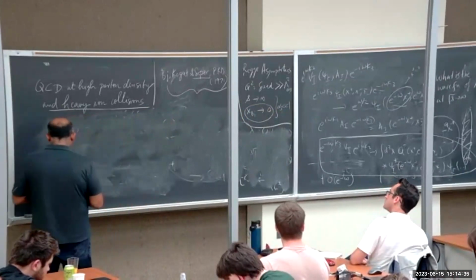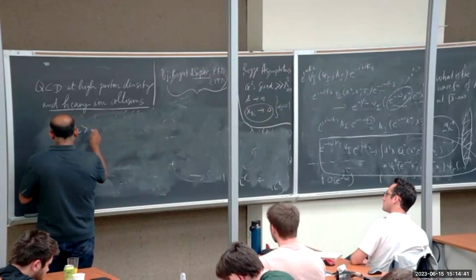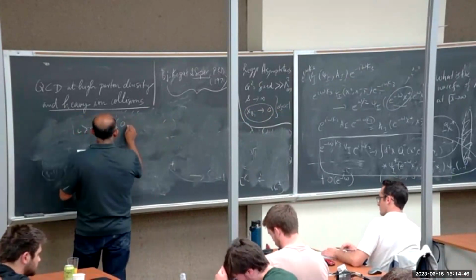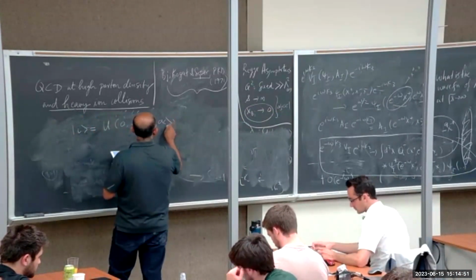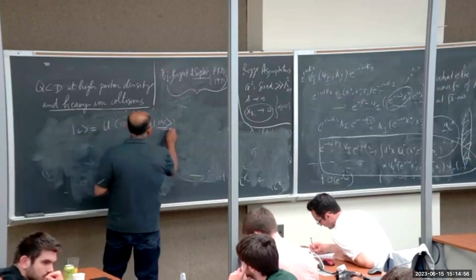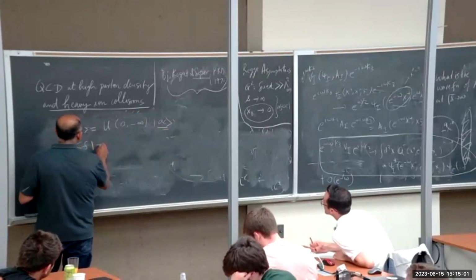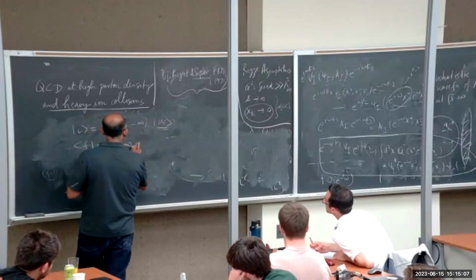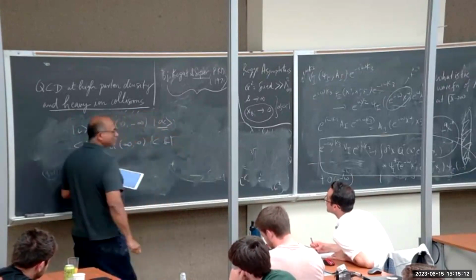As a consequence of what I just said, you can think of your initial state of the scattering as some unitary evolution of the QCD Hamiltonian from time minus infinity to 0, where the scattering occurs, of some asymptotic state at minus infinity. Similarly, I can write down the final state as a unitary evolution in reverse from plus infinity to 0 of some asymptotic state at plus infinity.